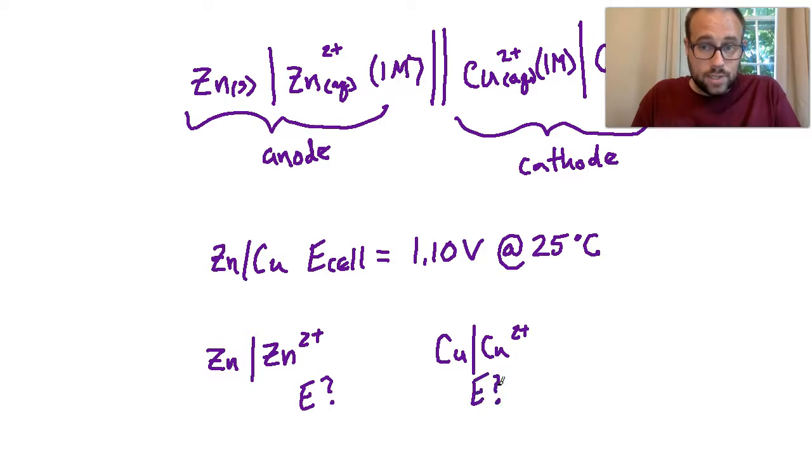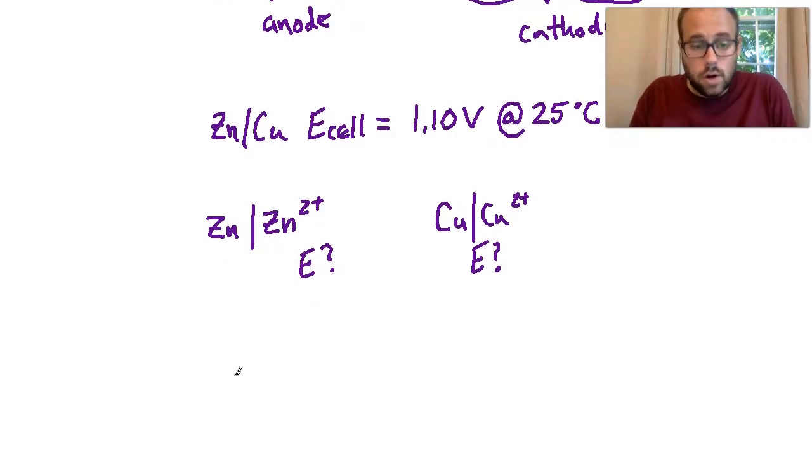Those are called half cells. We need to be able to find half cell potentials or half cell reactions. And as it stands right now, you have to complete the circuit in order to get the full reading for the cell.